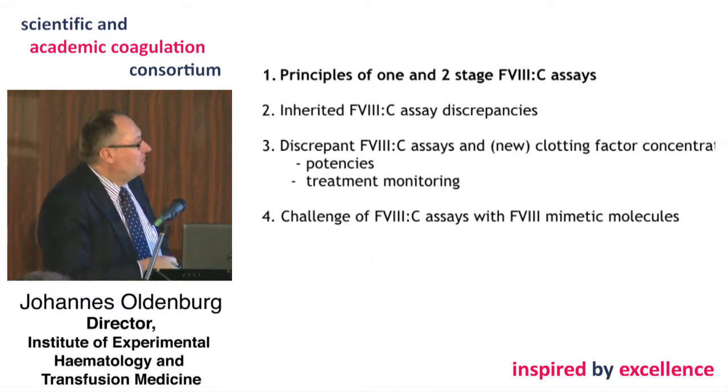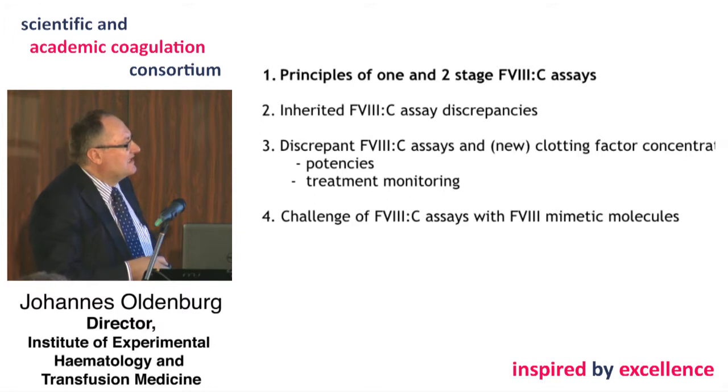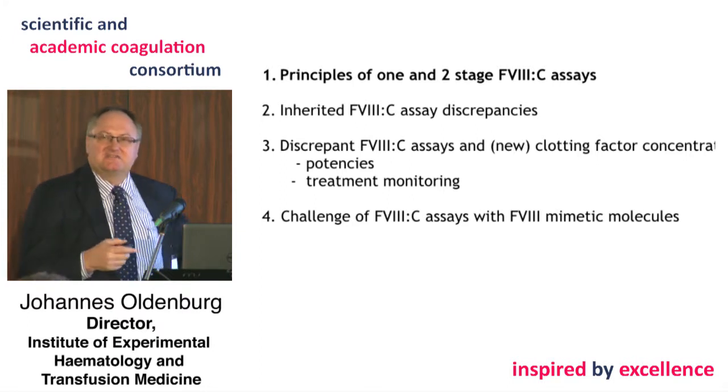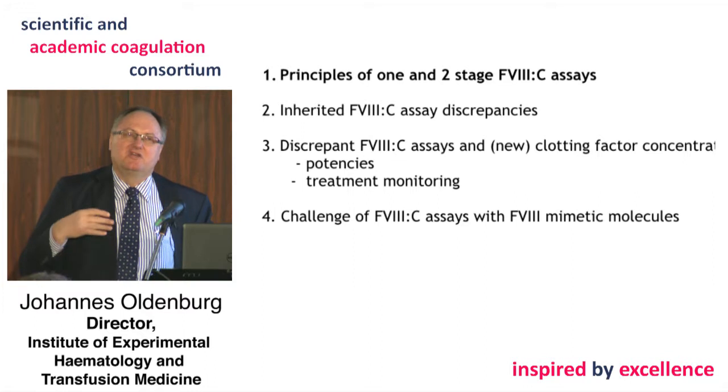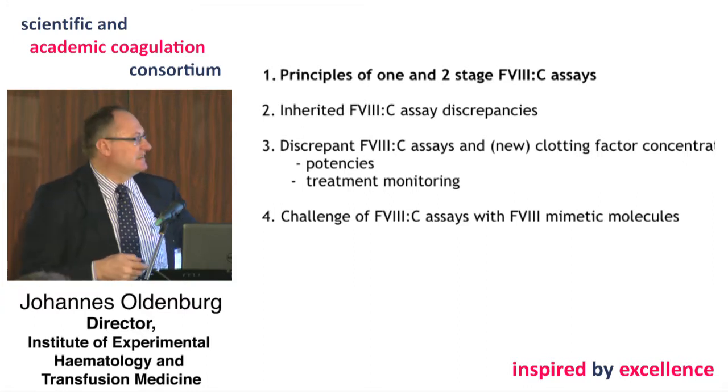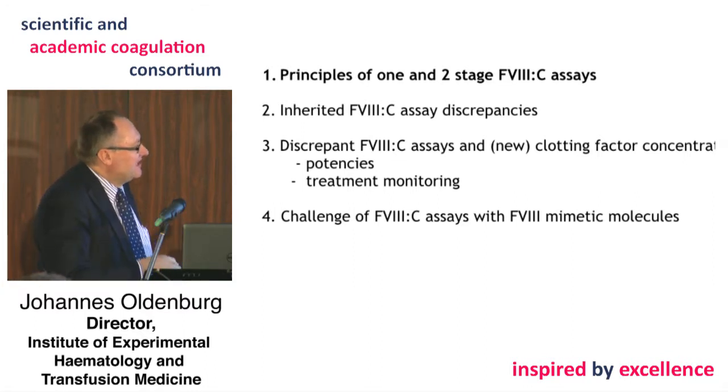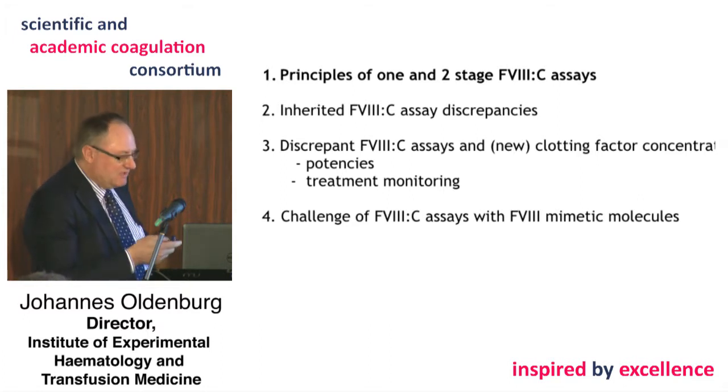Then I will go for discrepant assays for assigning potency in clotting factors, the classical products, but also with respect to the new products that are coming, and the challenge of assays with some new biomolecules.